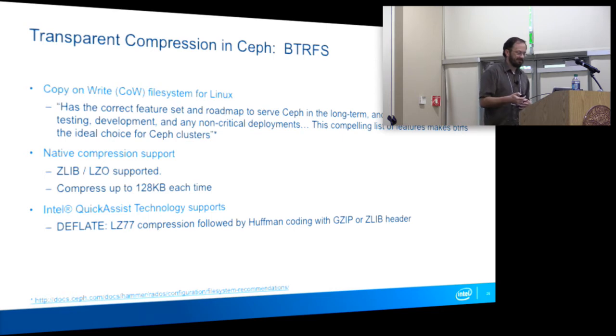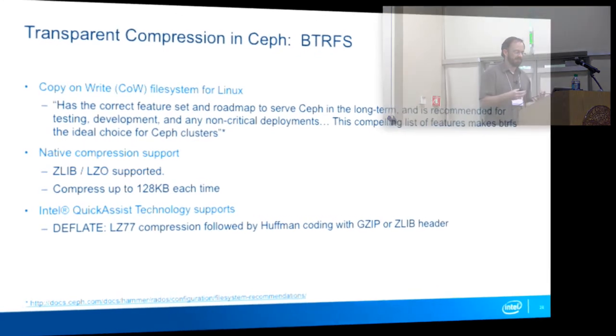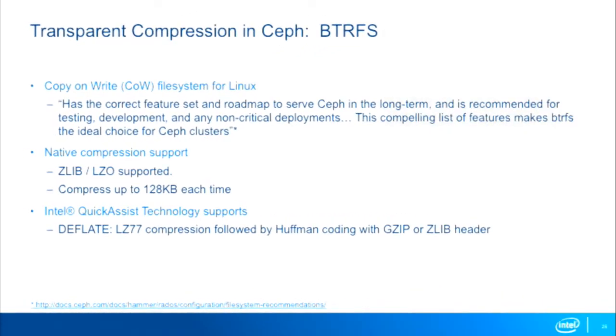So a bit about BTRFS. I understand BTRFS is a common back-end store to Ceph, and that's because it's got lots of modern features like copy on write, which make it uniquely suited for Ceph clusters.